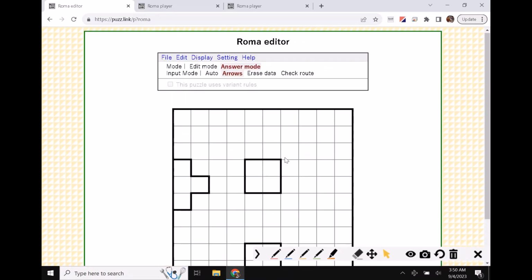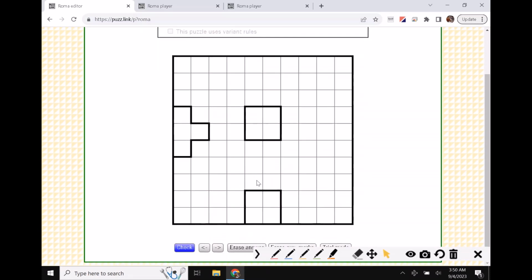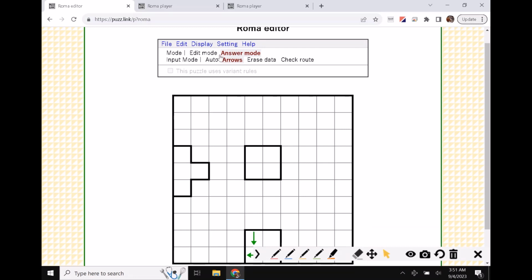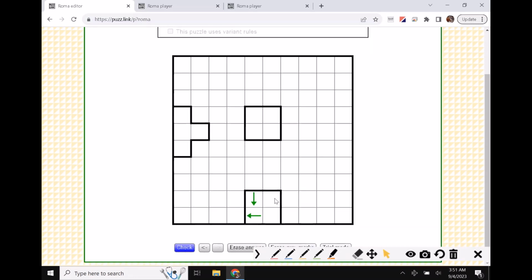And this is interesting because it restricts the ways the path can move through that region. I think with the more complex Roma deductions, it's very helpful to think about path through a region rather than individual cells. So in this configuration, if you try to enter from the left through this cell, you'd immediately get spat back out to the left.